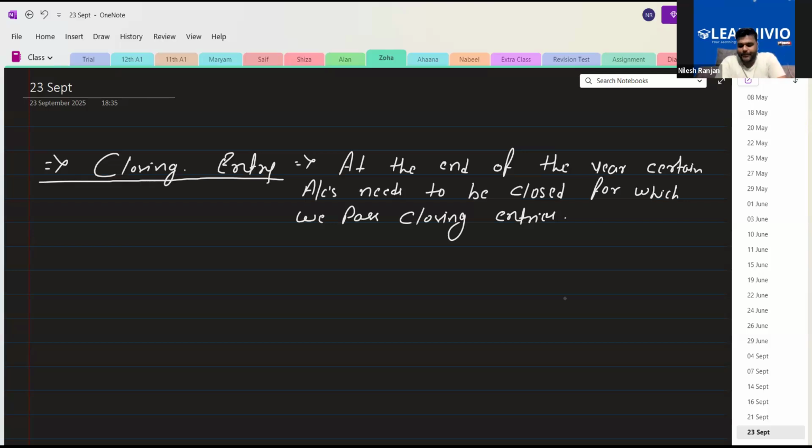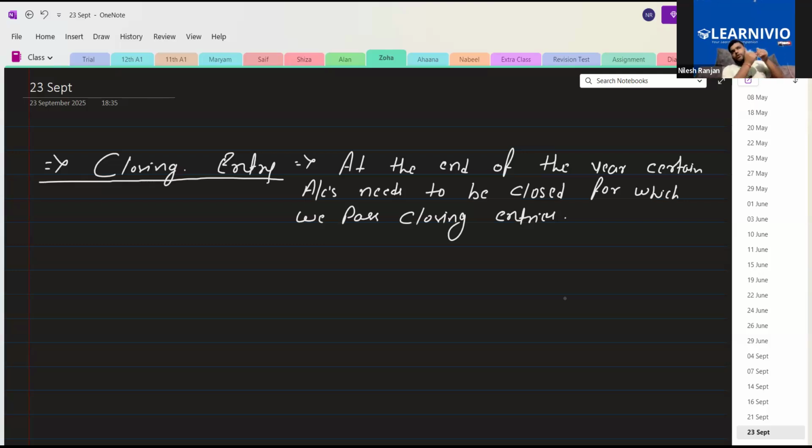First of all, the trading account is the first stage of final account. In this, we record all the direct expenses and sales, so that we can calculate the direct profit or gross profit of the business. Wages, carriage inward, purchase, opening stock, closing stock, sales, all these things are written in the trading account.